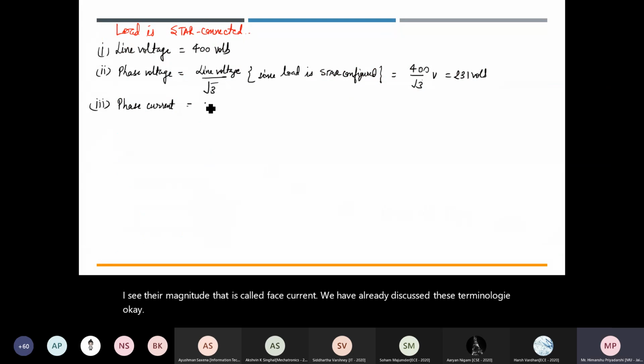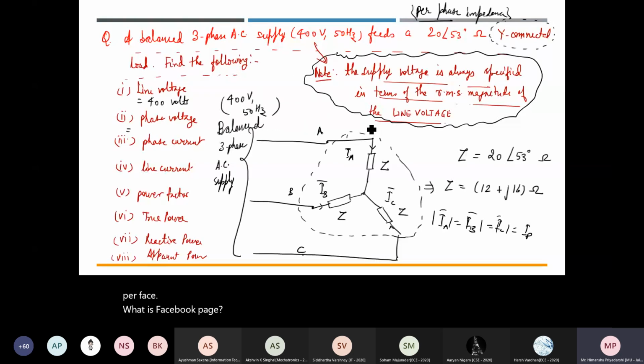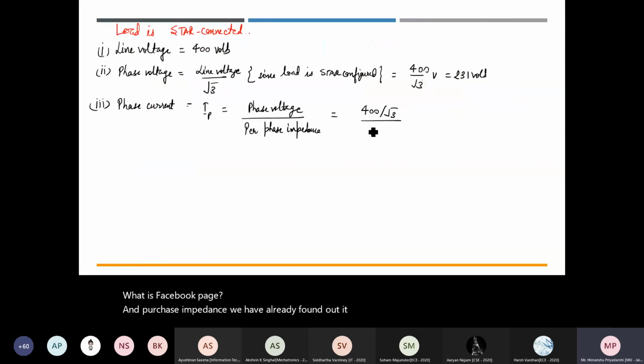So it is equal to phase voltage upon per phase impedance. What is phase voltage? And per phase impedance we have already found out it is 20 angle 53 degree.